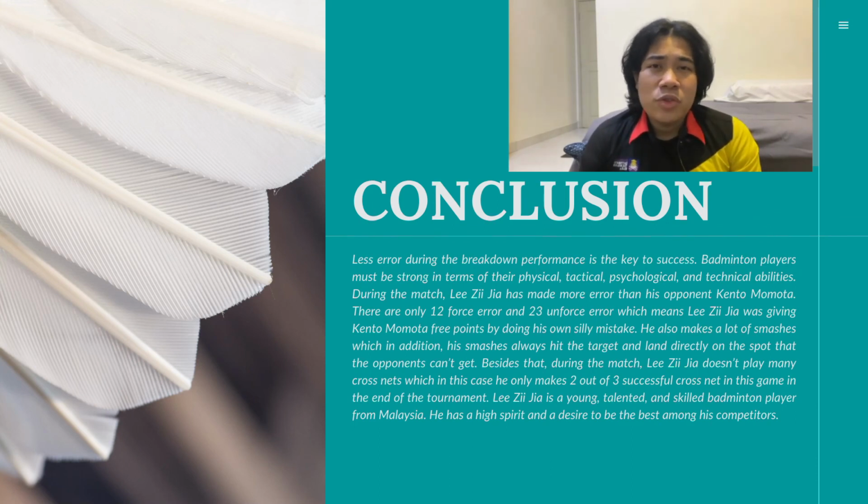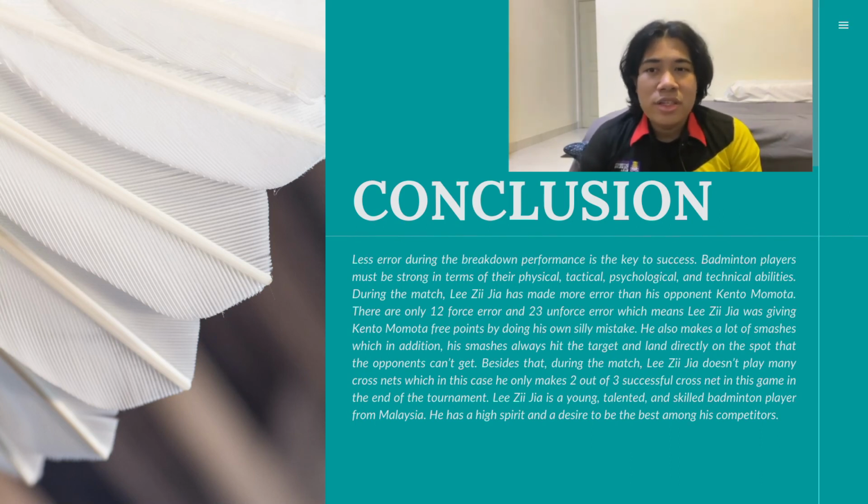We can also see that there were not many times that YAHYA played a cross net to get a point, because Kento Momota is a much more senior player compared with YAHYA. Kento Momota had much experience before, so YAHYA wanted to avoid playing a cross net or a short serve in the net, because you know Kento Momota's ability to play under pressure in front of the net.